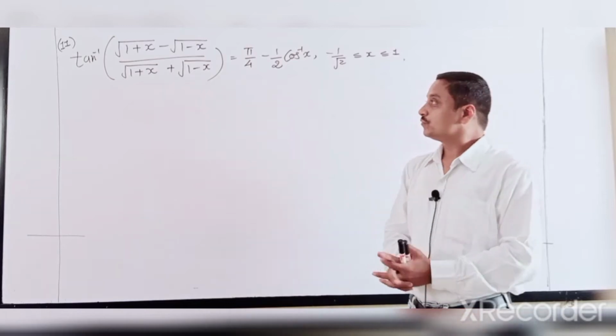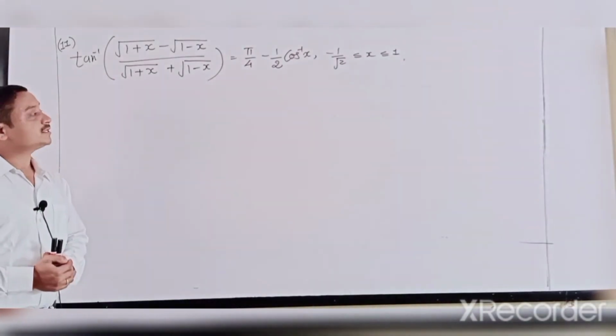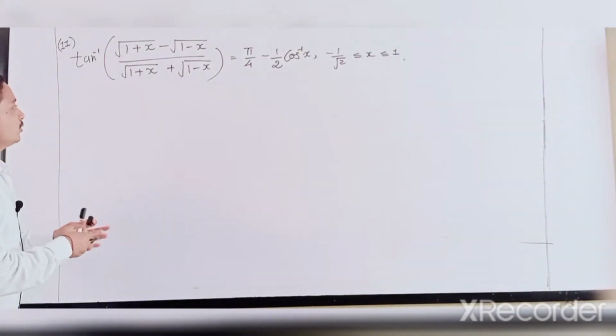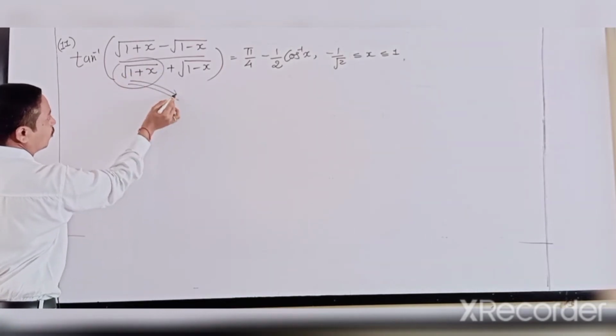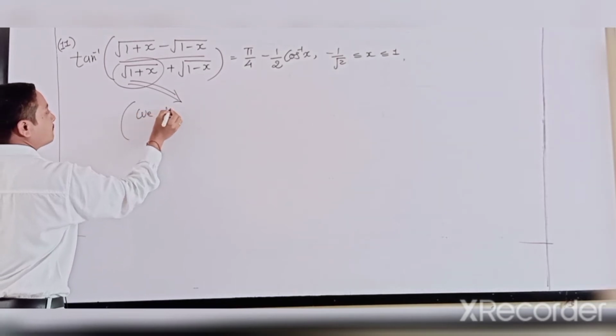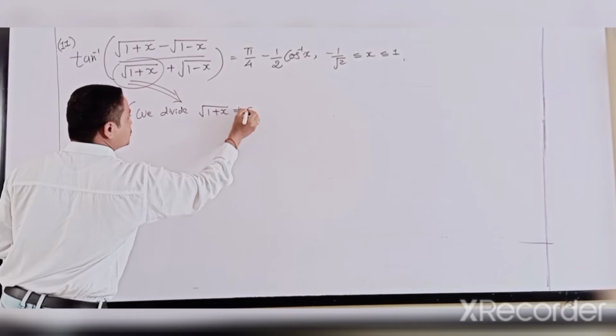Now continue. Question number 11. tan inverse of (under root 1 plus x and under root 1 minus x) upon the same. Students, here you just create 1 anyhow, so we divide by under root 1 plus x, not equal to 0.